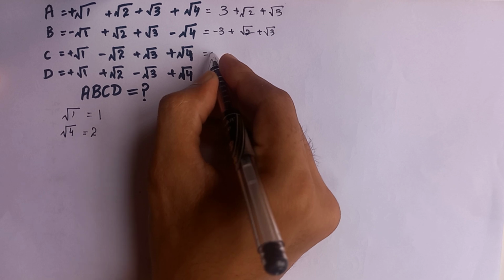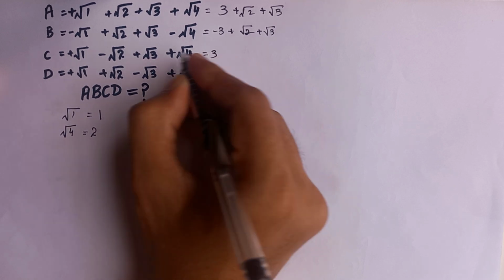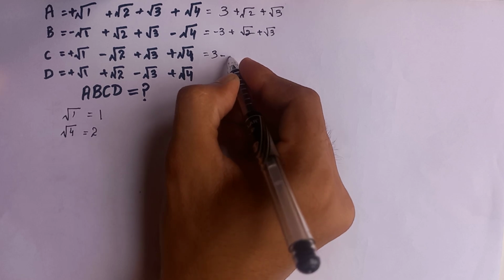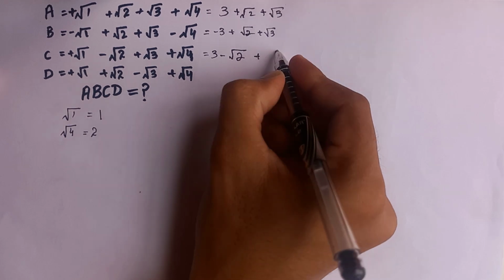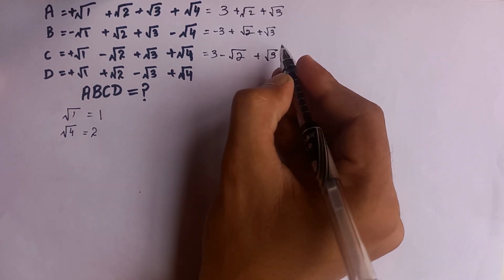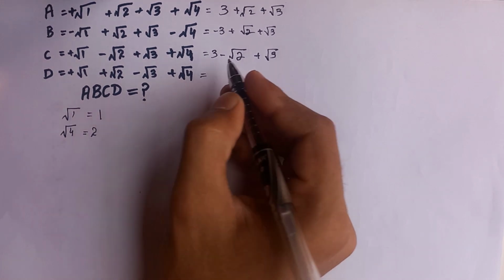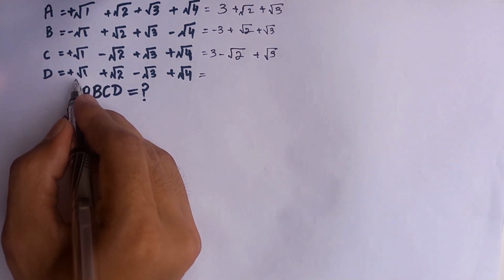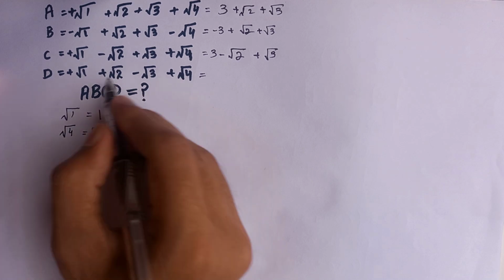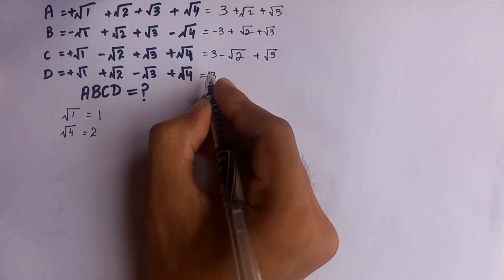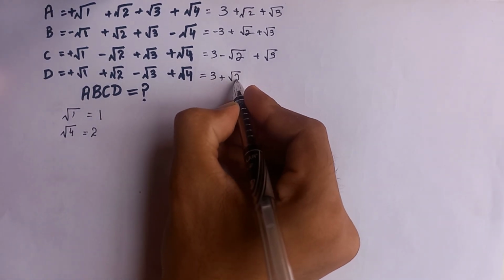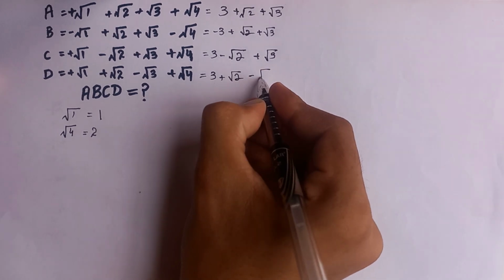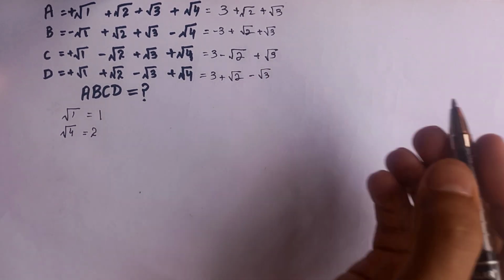So 1 plus 2 is 3 minus square root 2 plus square root 3. Now for the value of d, root 1 is 1 and root 4 is 2. 1 plus 2 is 3 plus square root 2 minus square root 3.